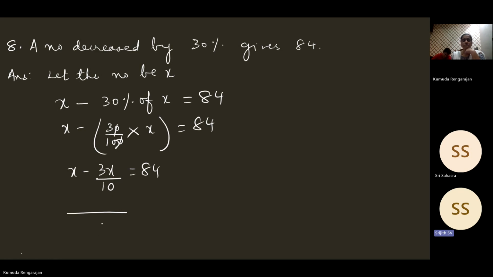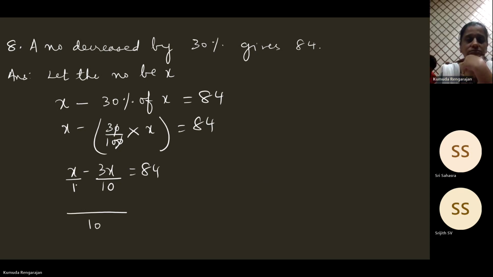X minus 3x by 10, ma'am. No, this is by 1. No, x means x by 1. What's the common denominator? 10. 1 into what is 10? 10, ma'am. So x into 10. Here 10 into what is 10? 1 and x. So now the common denominator is 10.